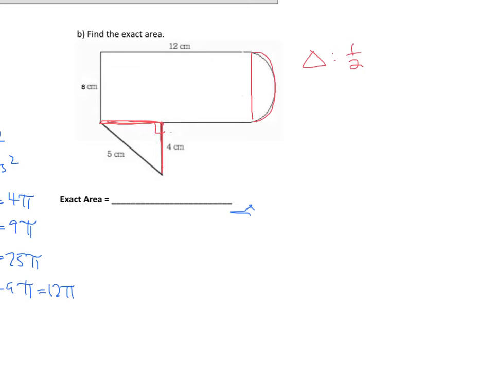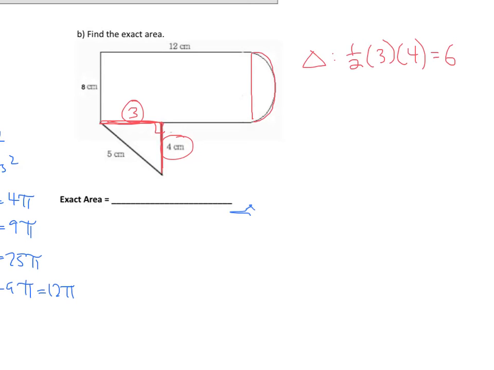It saves you time. If I have a hypotenuse of 5 and a leg of 4, the other leg must be 3. It's a 3, 4, 5 triangle. So the base and height of this triangle would be 3 and 4. So 1/2 base times height is 1/2 times 3 times 4, which gives me 6 square centimeters.